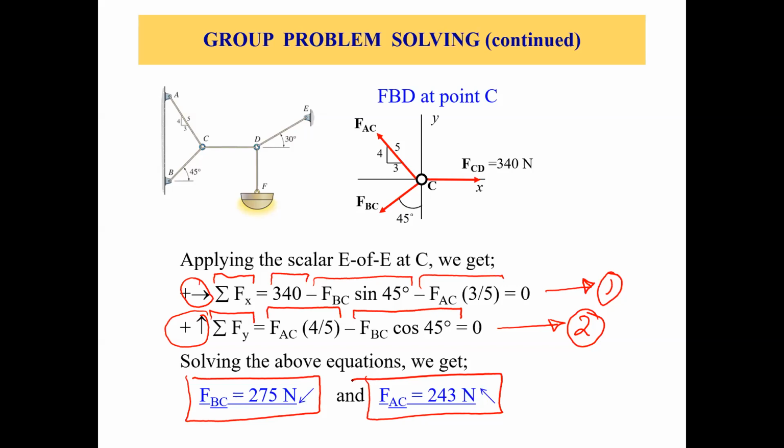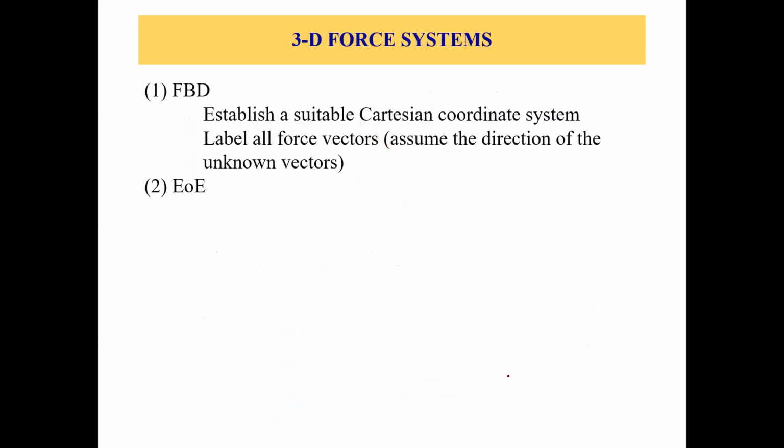But as we did this problem, we found that we can do it in parts: first analyze point D and then analyze point C. With this method, we are able to solve the problem and find the value of all the unknown forces in all the cables. Okay, all right, so we are done with this.